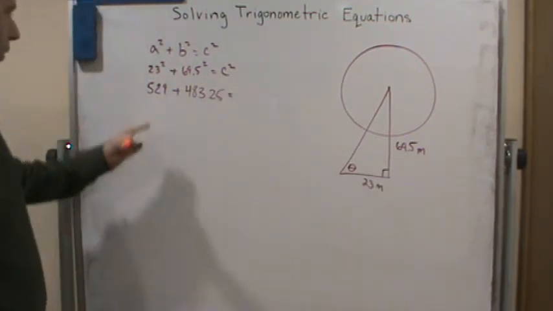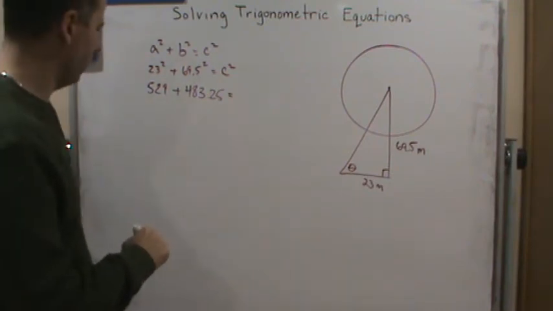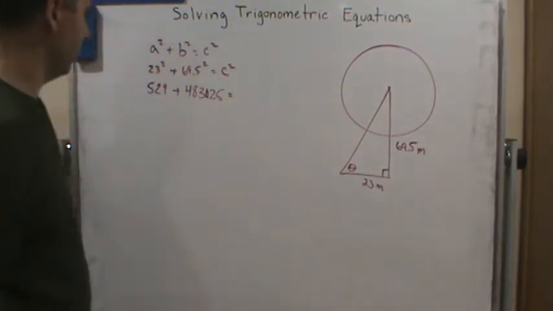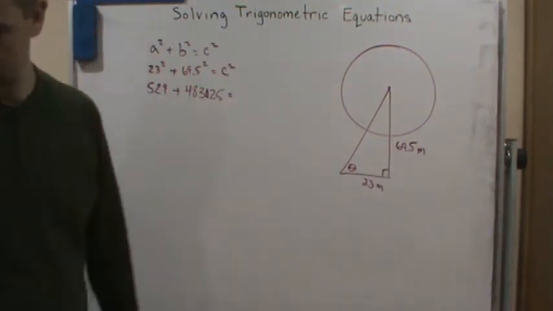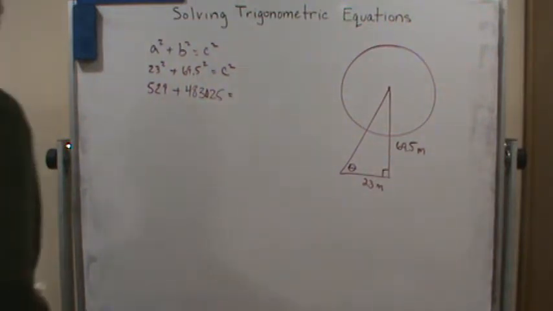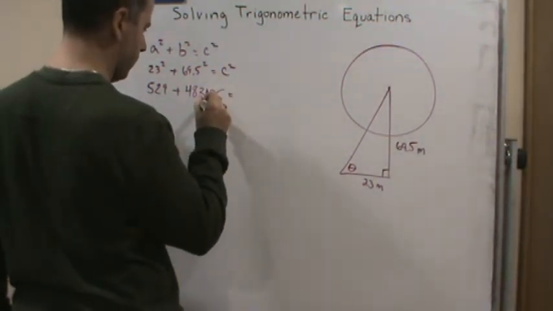Okay, so it's going to be 529 plus 4830.25. Yeah, 4830.25.